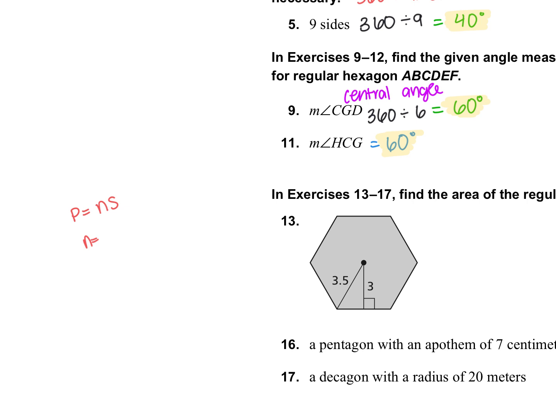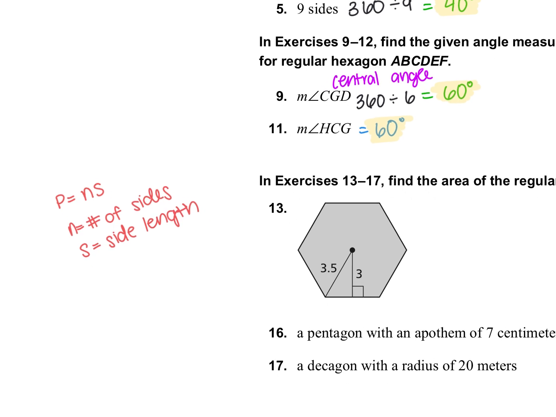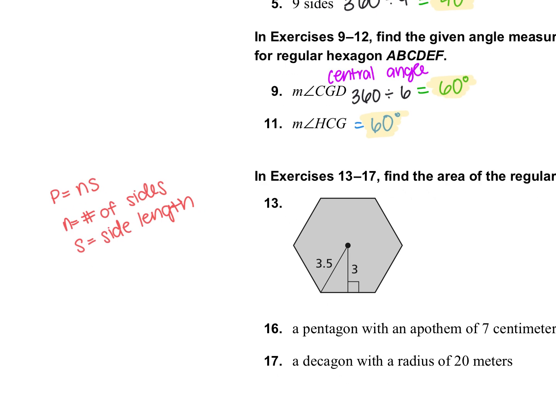N stands for number of sides, and S stands for side length. So if they're not giving me my side length, I have to solve for my side length. That's the hardest part. Once you get the side length, everything else just goes into the formula and you plug it in.